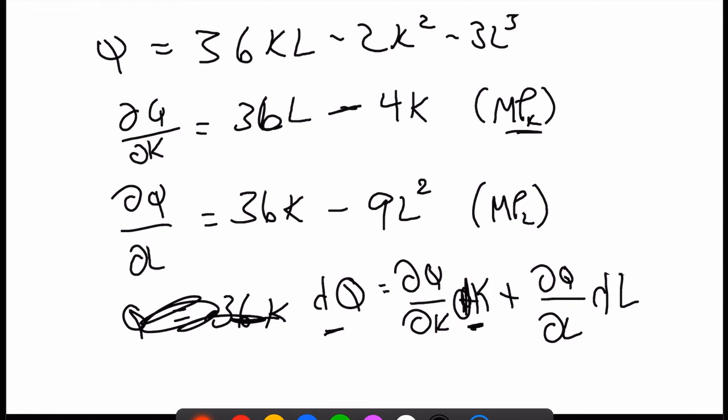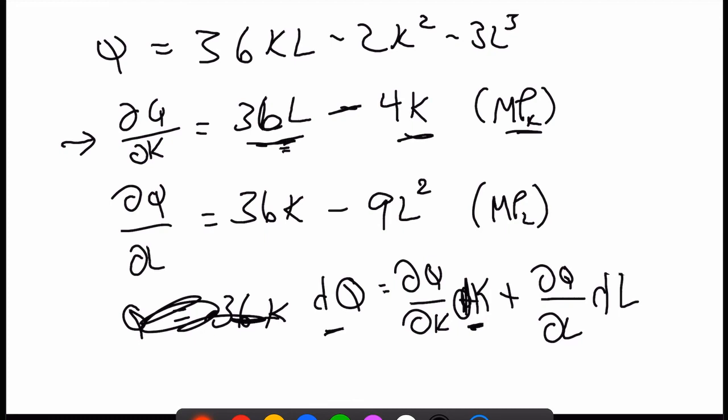Well, the more labor I have, the stronger the effect of a change in capital. But the more capital I have, the weaker the effect of a change in capital. That's logical, right? There's an economic explanation there.